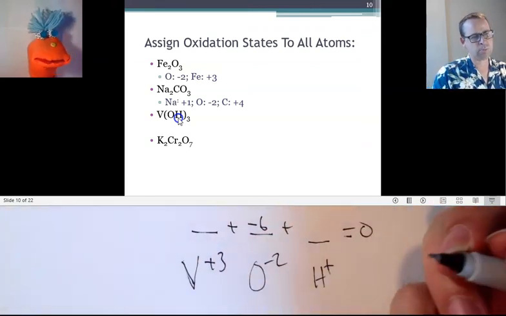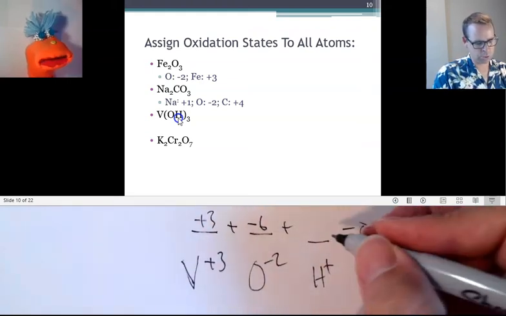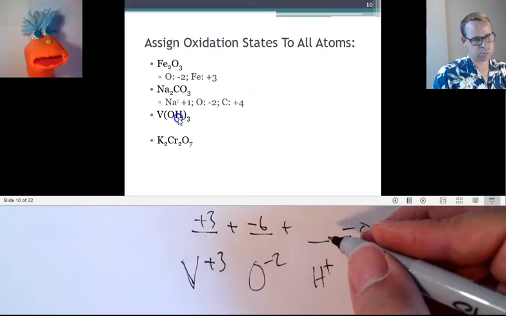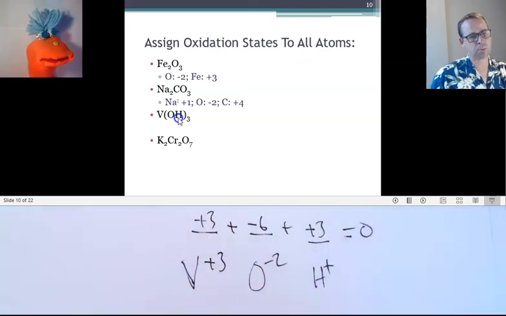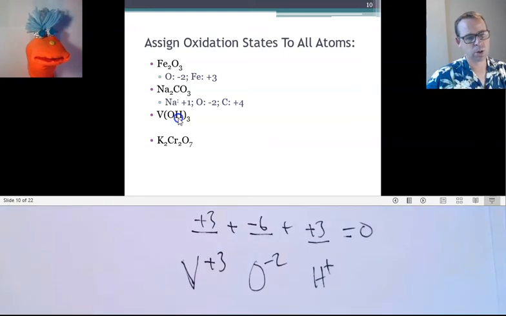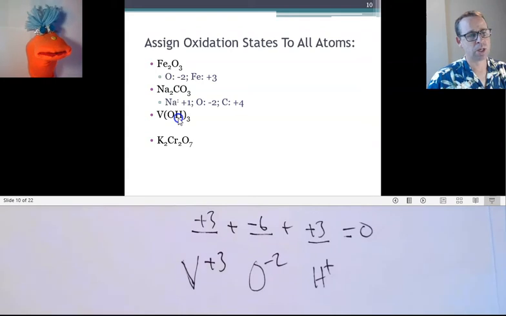Very good. And the vanadium? There was just 1, +3, and then hydrogen contributes +3, right? That's right, +3. Each one is +1, and there's 3 of them. So it works out well. So vanadium is +3, oxygen is -2, and hydrogen is +1.